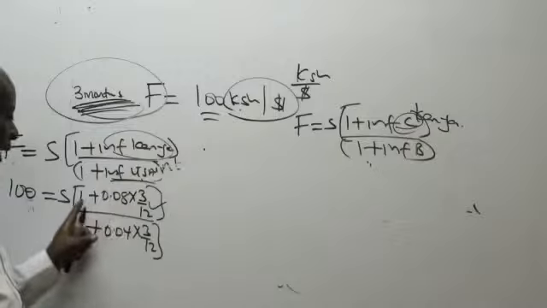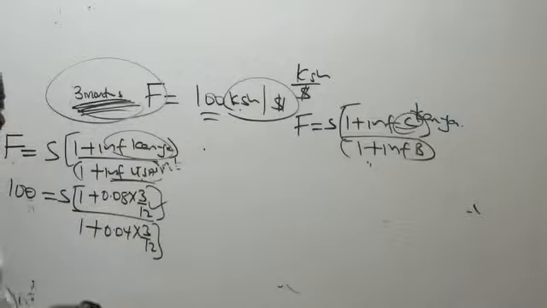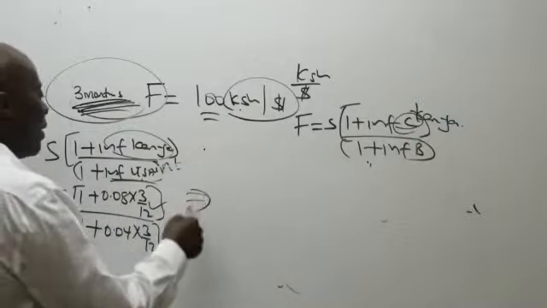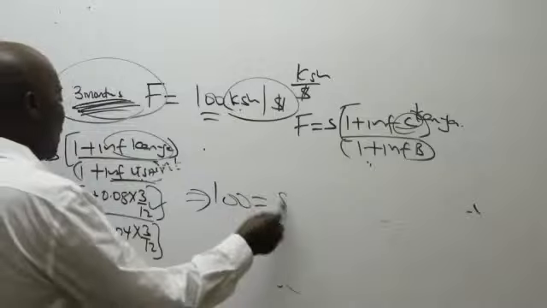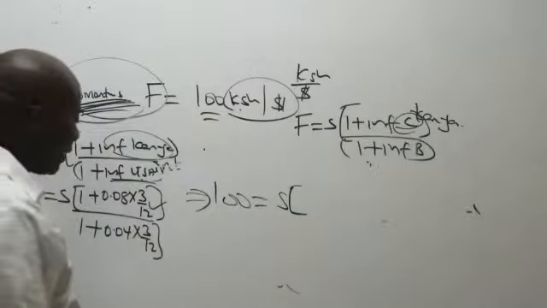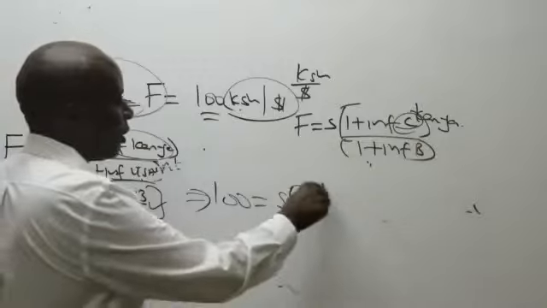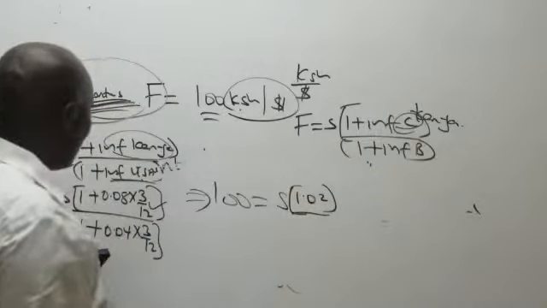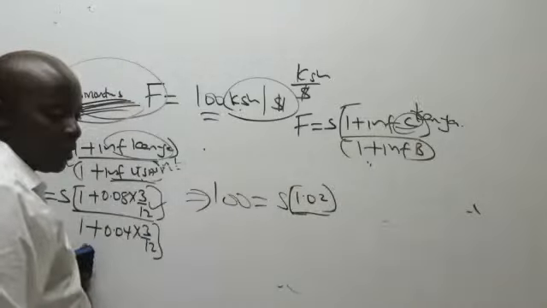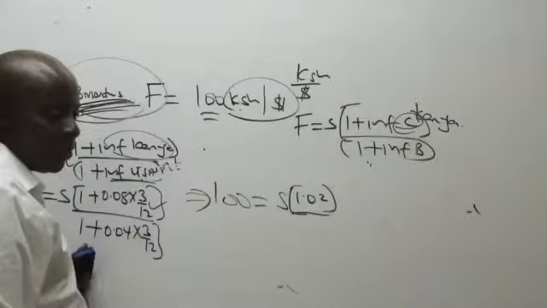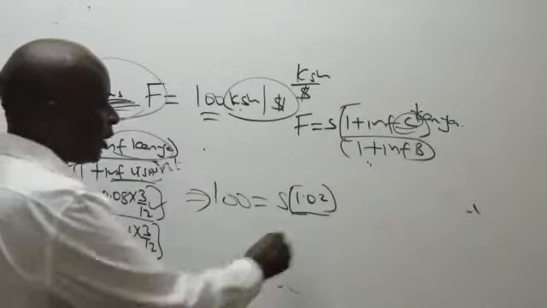Whatever I get here, I add to 1. Please give me an answer. It is 100 equals S into what here? Somebody please give me the numerator value. 1.02, thank you very much. How about the denominator value? 1.01. Thank you very much.